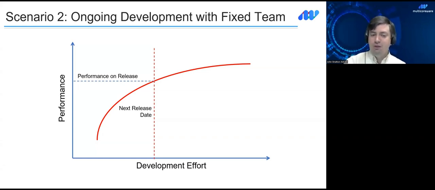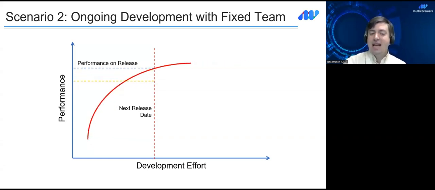The curve moves again, and now what you see is that given the fixed release date or a fixed amount of development effort that you're willing or able to expend on the project, what you get is a performance gain.